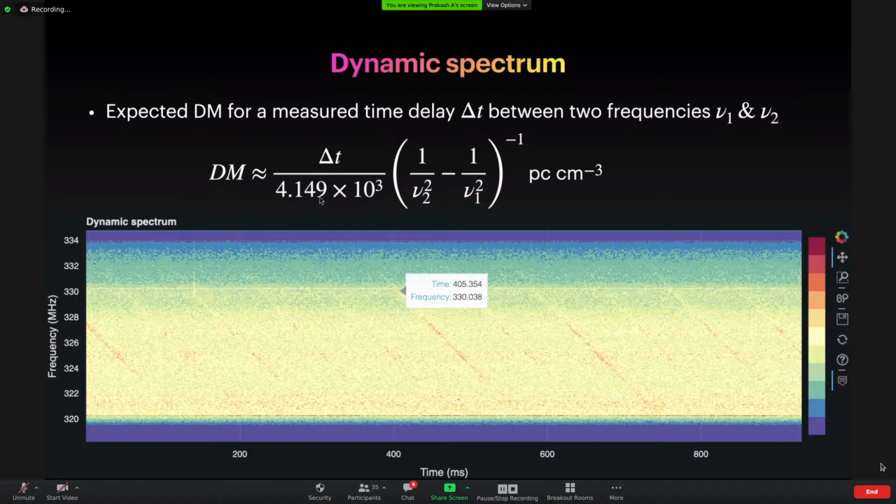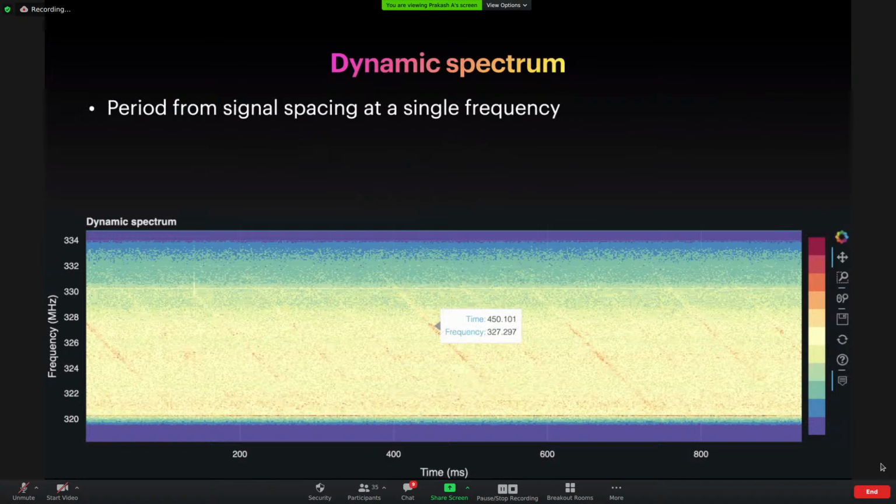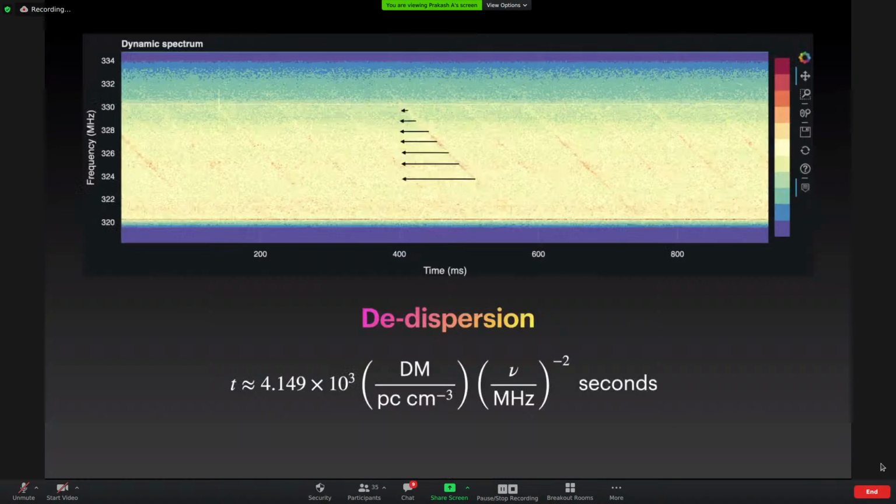Okay, this part should be straightforward. Similarly, for obtaining a rough period, you can again look at the signal in the dynamic spectrum, and see in a particular frequency bin what is the time between two consecutive streaks, two consecutive pulses in this case. That would be the rough period for now.